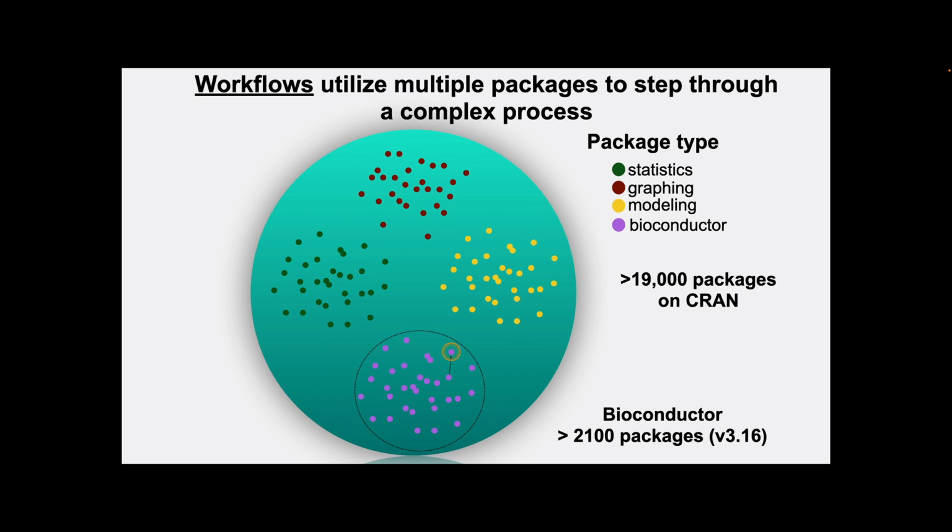And after we do that, then maybe we want to create some graphics that cluster our genes together so we can identify coordinately regulated genes. And then we want to take those modules and carry out functional enrichment analysis. That sort of workflow can be done by connecting the output from one R package to the input for another R package, and so on and so on.